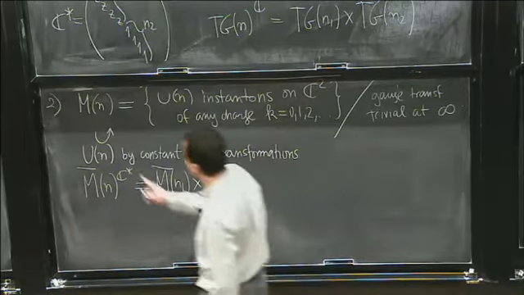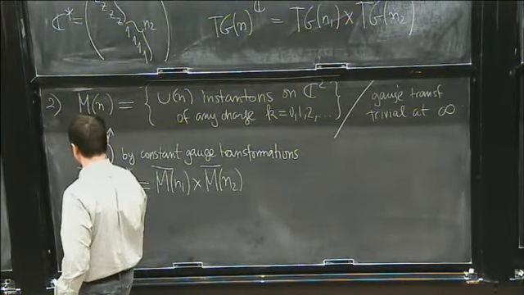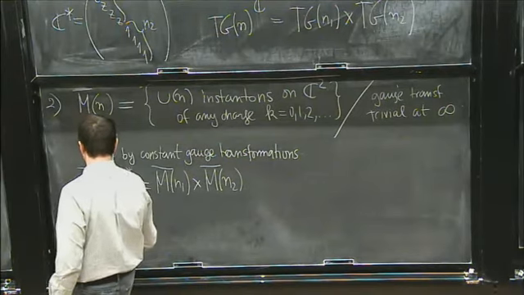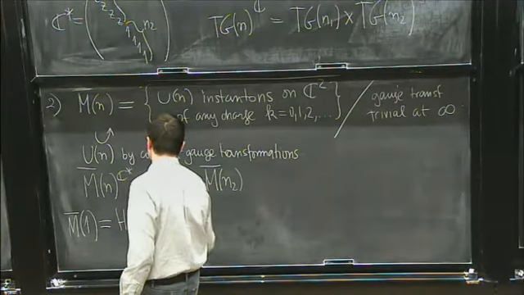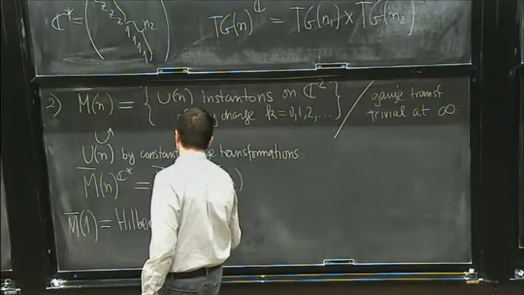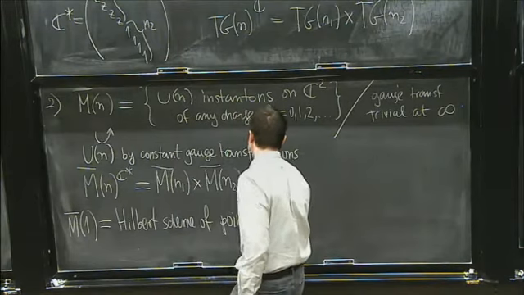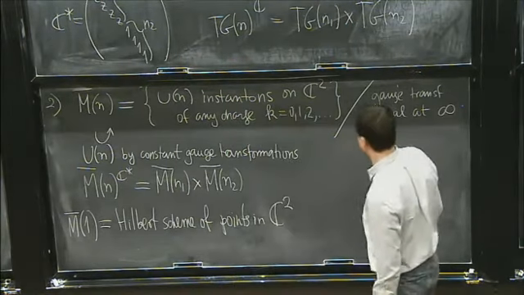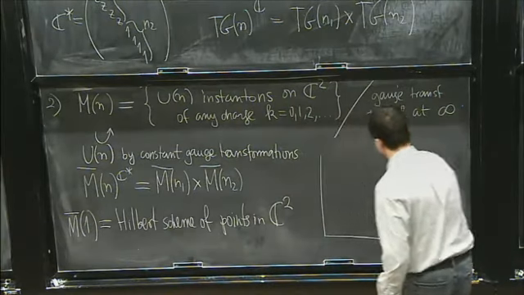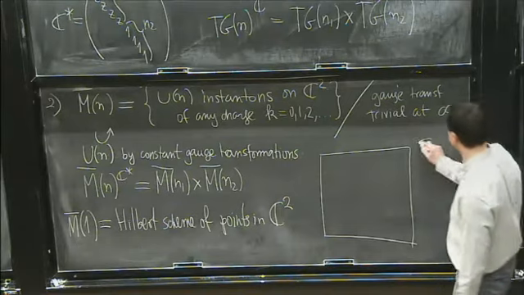I'm not going to describe it in general, but M1 bar is just the Hilbert scheme of points of C2. Again, another box. It's my picture of C2.